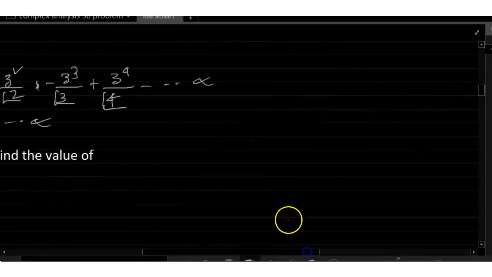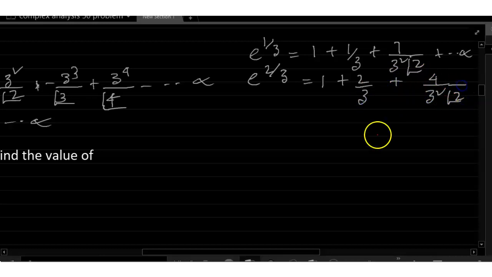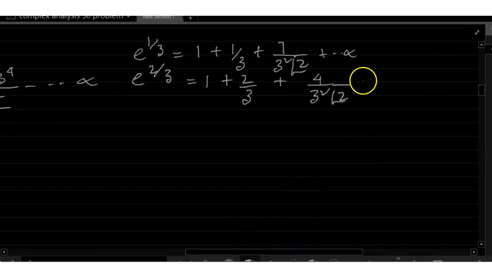So now you see that e^(1/z) = 1 + 1/z + (1/z^2)/2 factorial + up to infinity. e^(2/z) = 1 + 2/z + 4/z^2 divided by 2 factorial, up to plus infinity.